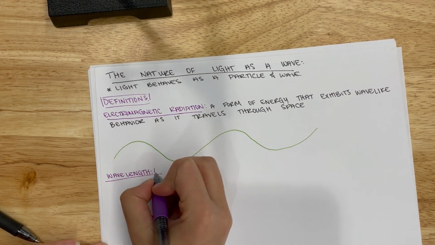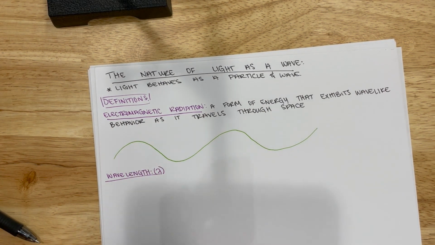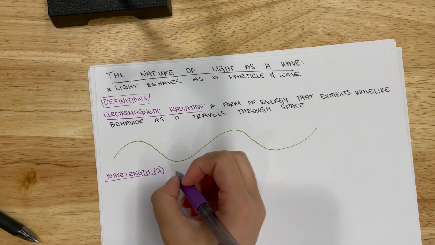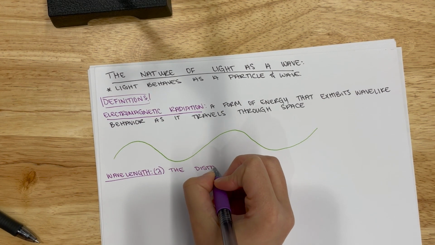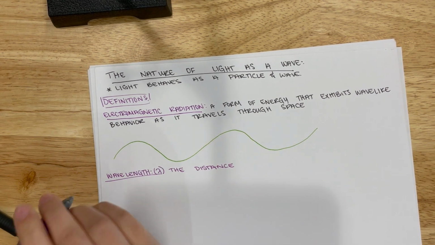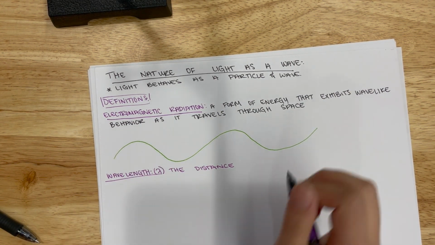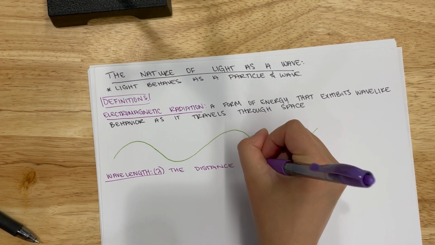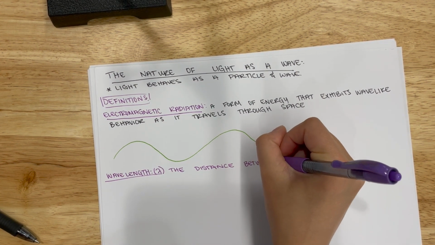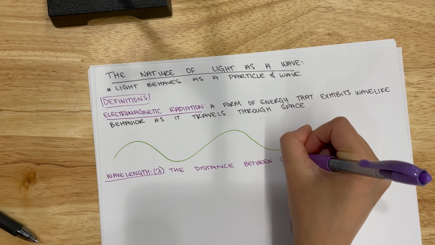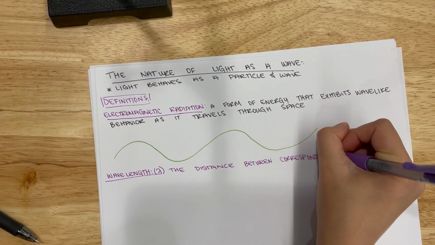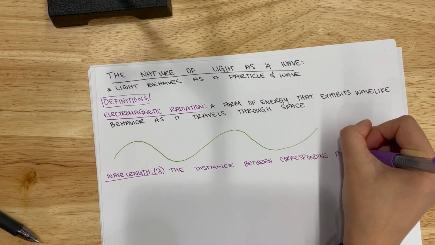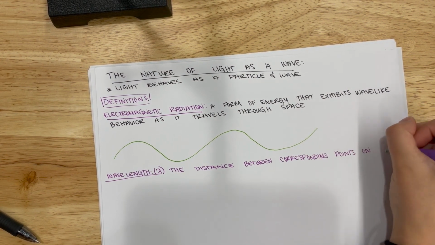And wavelength we represent with the symbol lambda. This is the distance between corresponding points on adjacent waves.